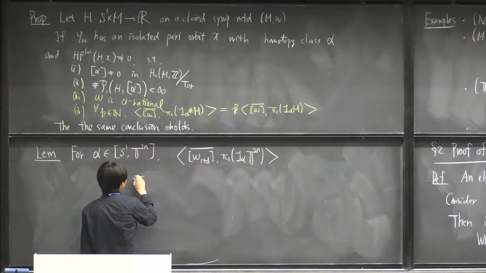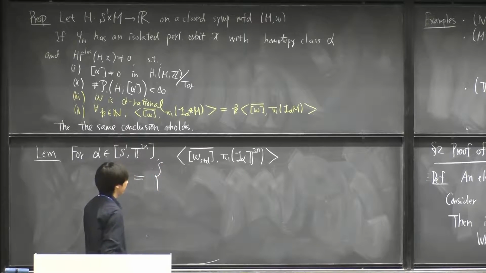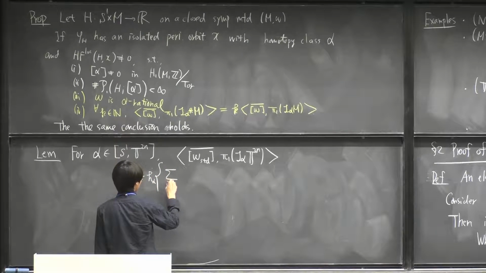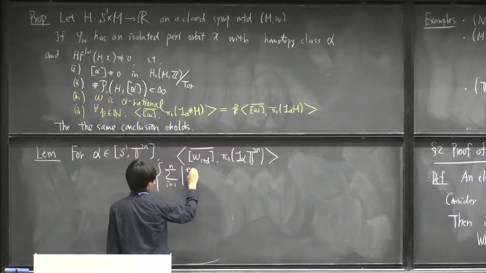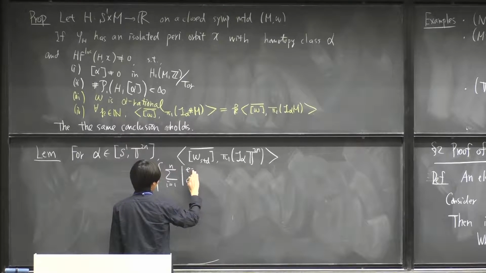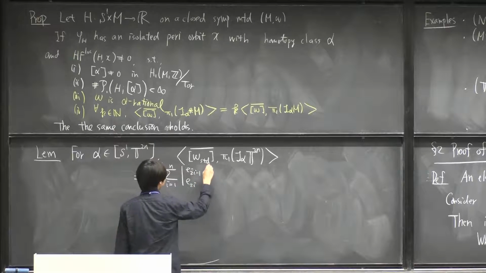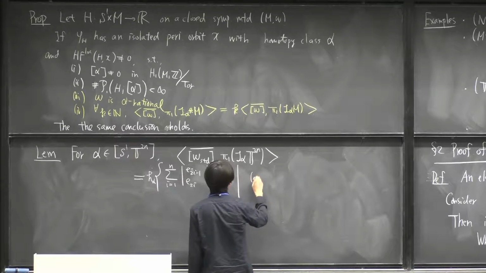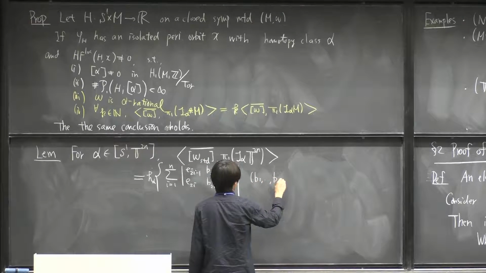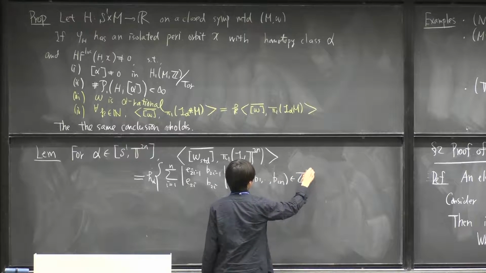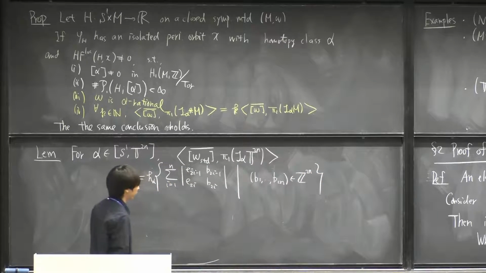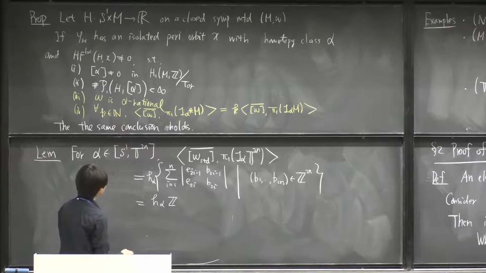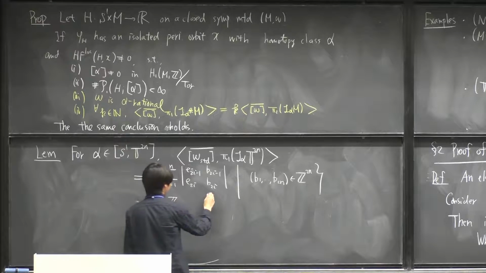Namely, this group can be computed explicitly, and this is equal to H alpha Z.